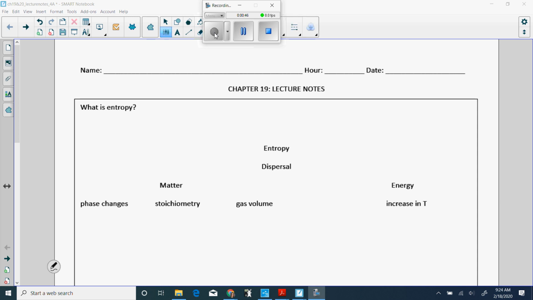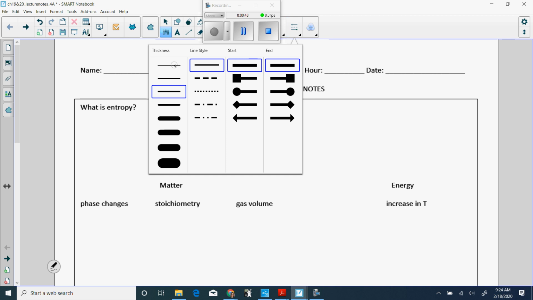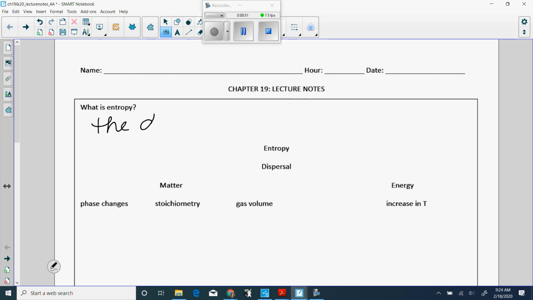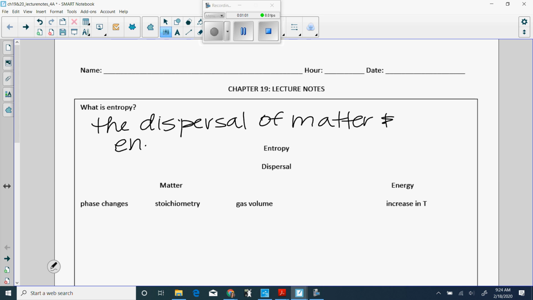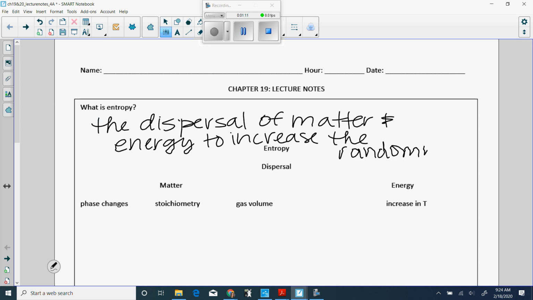Entropy is the dispersal of matter and energy to increase the randomness in a system.